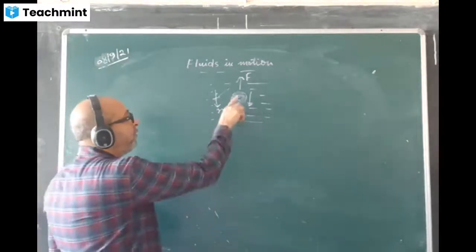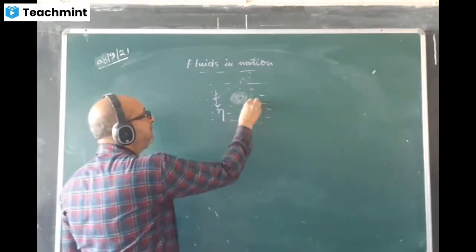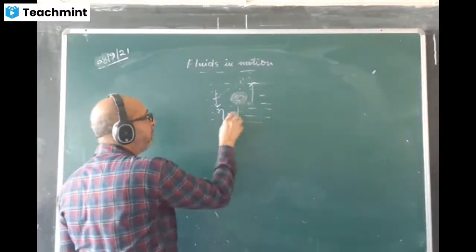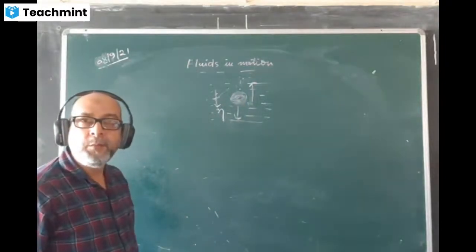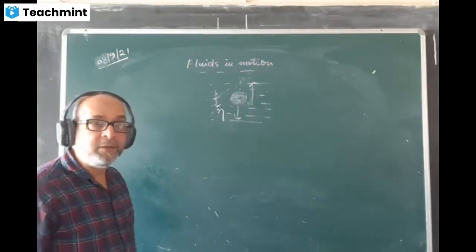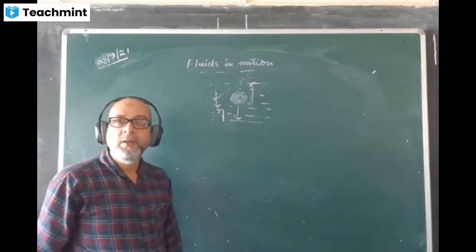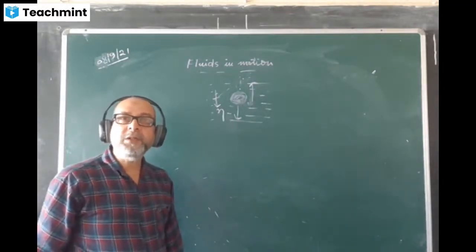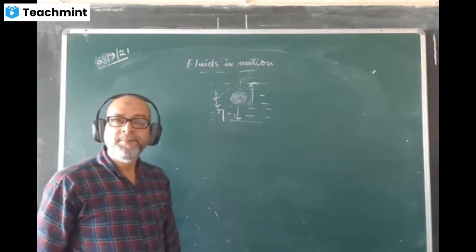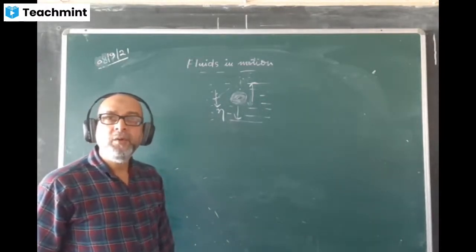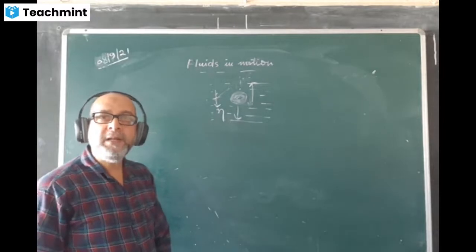If this one is moving up, then the viscous force will act downward, opposite to the motion. So you have to be careful about the direction of viscous force. Viscous force always acts in the direction opposite to the motion, like friction. Understood? Any question in your mind, please clarify.